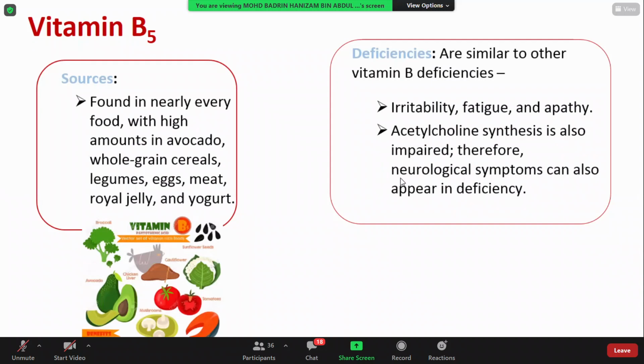So when there is a defect in acetylcholine synthesis, neurological symptoms can also appear in deficiency. So that's why vitamin B5 is important for energy metabolism as well as for the neurological.